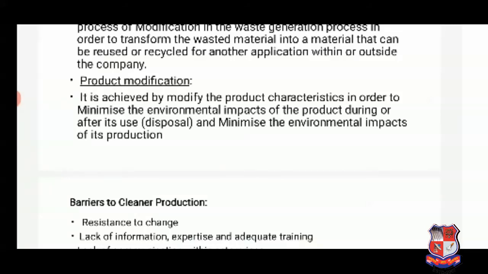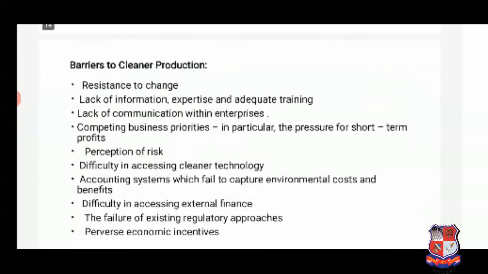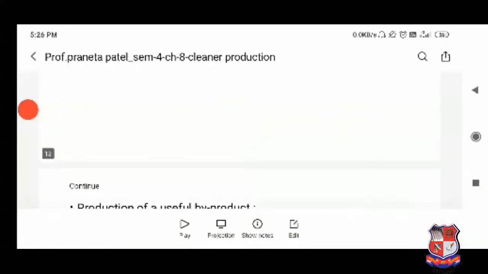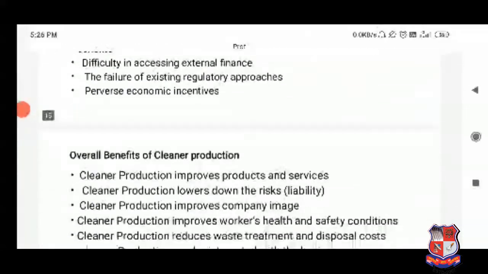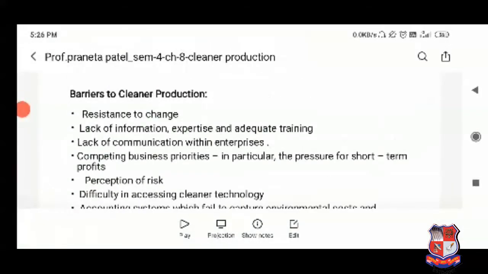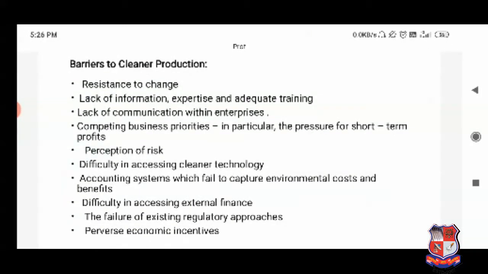It is achieved by modifying product characteristics in order to minimize the environmental impact of the product during or after its use, like disposal, and minimize the environmental impact of its production. So we discussed the cleaner production practices. Let's see the barriers to cleaner production.